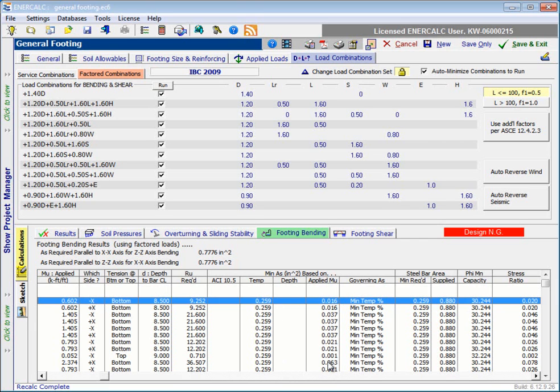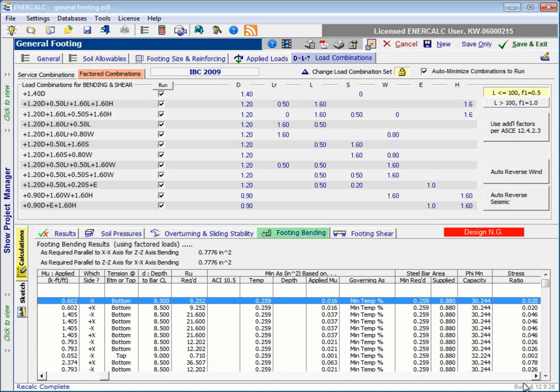So then what we do is summarize that by indicating which of those columns actually governs the required amount of steel. And for those that we can see here, it's actually the minimum temperature and shrinkage steel that governs. So then we summarize that by indicating steel bar area required, 0.259, and the area supplied, 0.88.